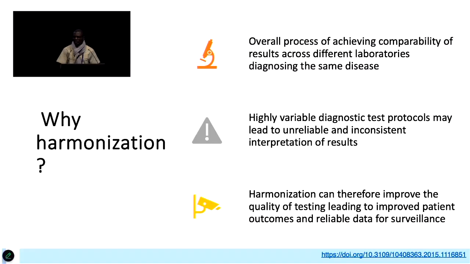Now, in the diagnostic context, the goal of harmonization is to ensure that results generated by different laboratories diagnosing the same disease is comparable. And from literature, we have seen that harmonization has the potential of resolving issues in the variability of test methods, thereby enhancing the quality of diagnostics, which then translates to improved patient outcomes and reliable surveillance data.